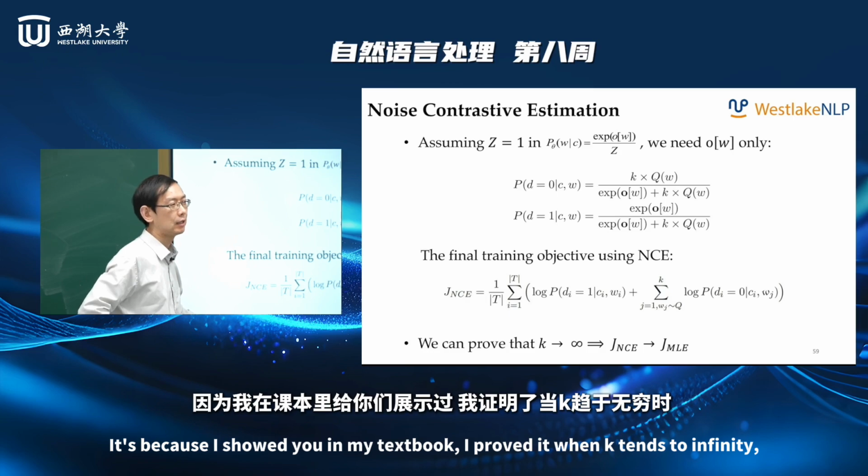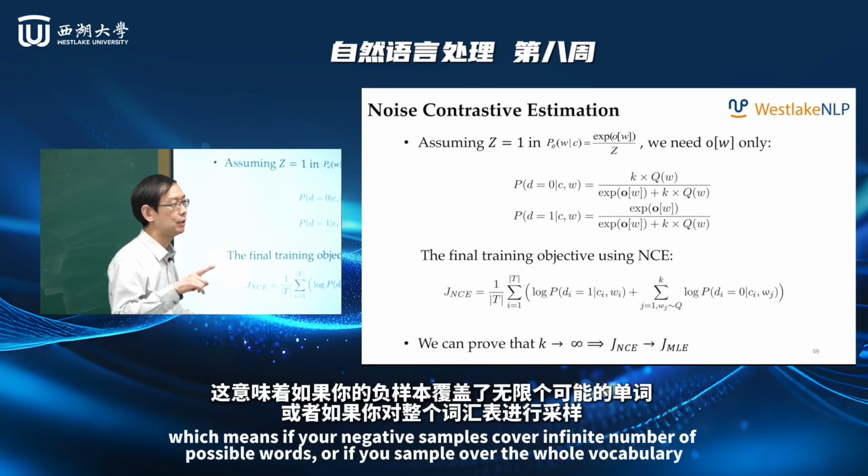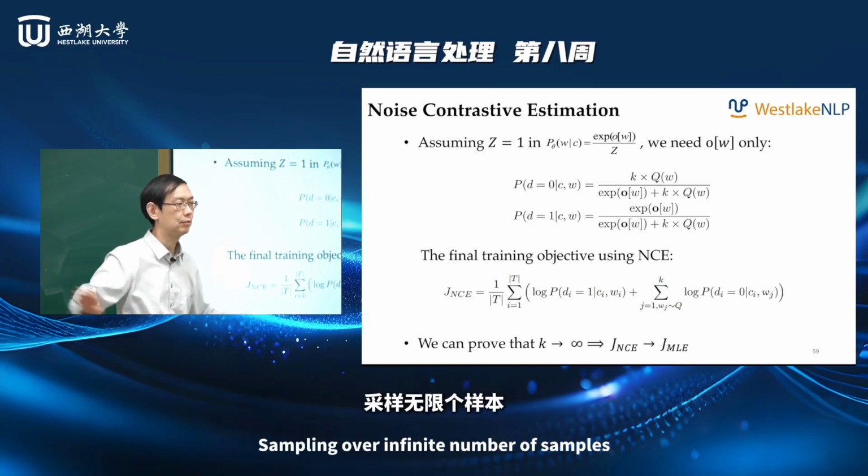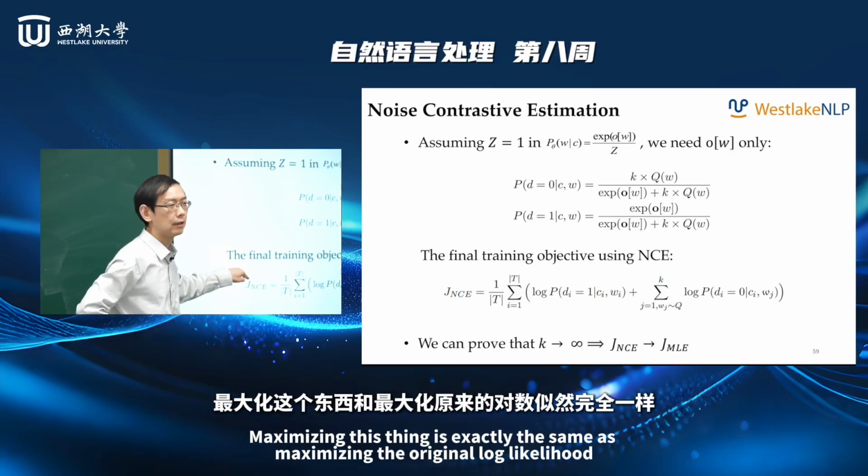When K tends to infinity, which means if your negative samples cover, okay, an infinite number of possible words, not simply sampling over the whole vocabulary, okay, sampling over an infinite number of samples, maximizing this thing is exactly the same as maximizing the original log likelihood.